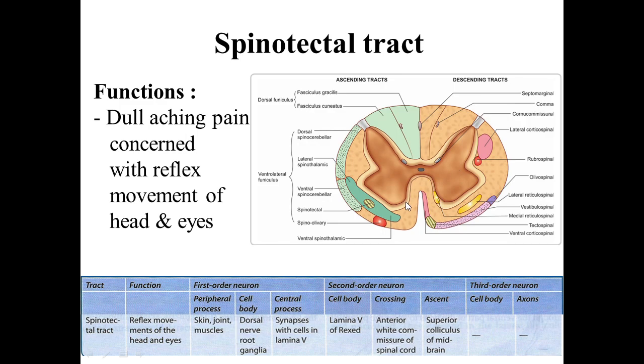They cross to the opposite side in the anterior white commissure, and then these fibers enter into the anterior funiculus between the anterior spinothalamic tract and lateral spinothalamic tract. The fibers of the spinotectal tract enter into the superior colliculus of the midbrain.